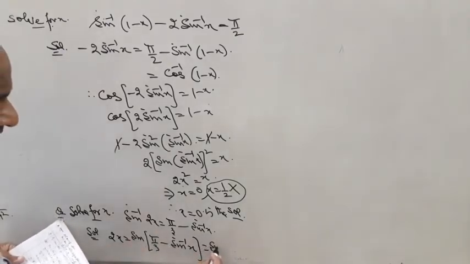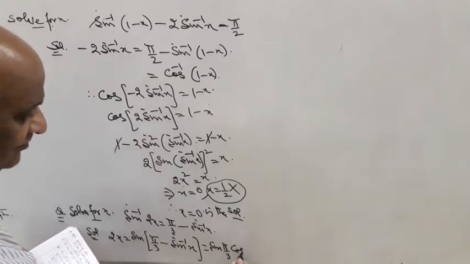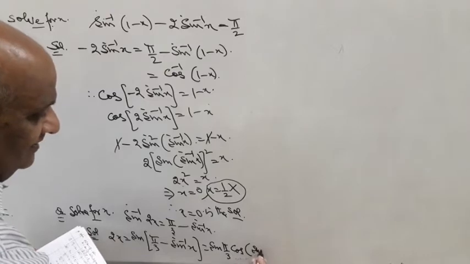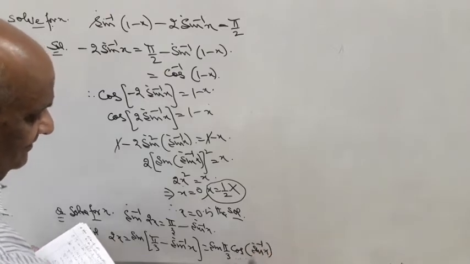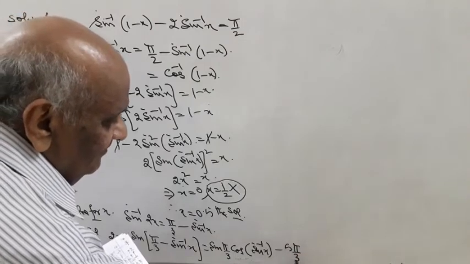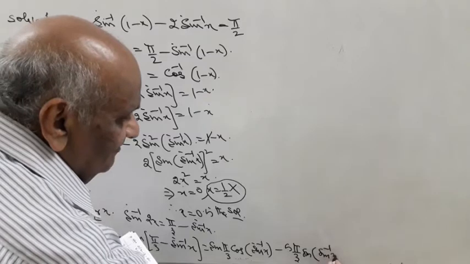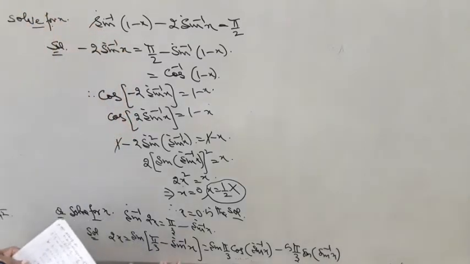It is sine pi by 3 cos sine inverse of x minus cos pi by 3 sine of sine inverse of x. That is, I have taken the help of sine of a minus b.